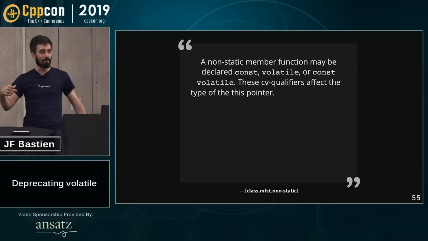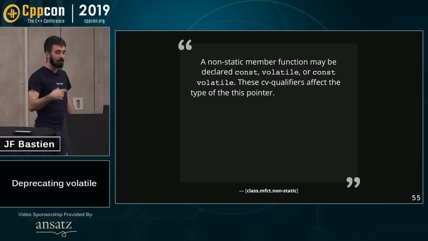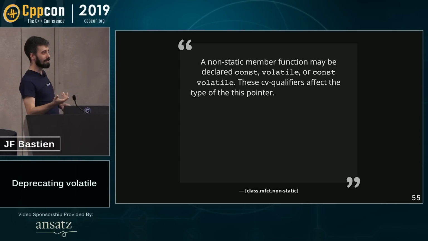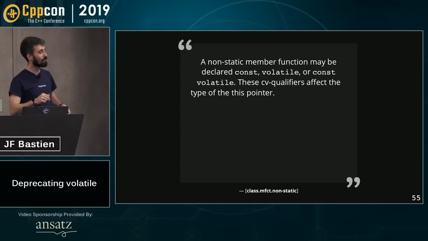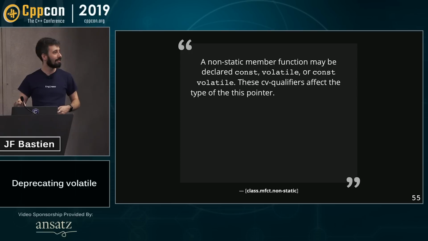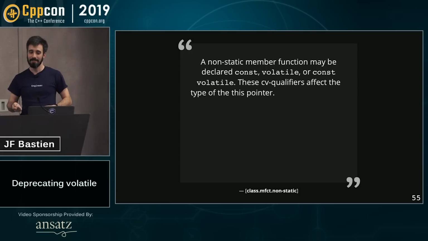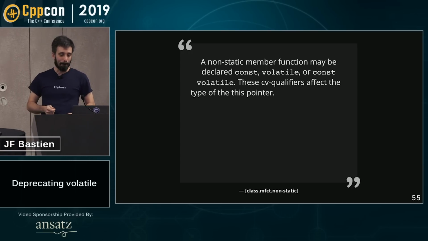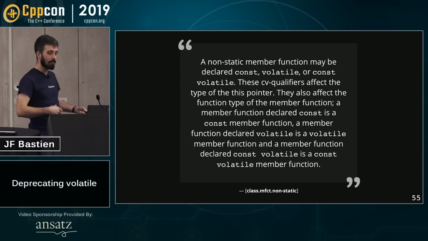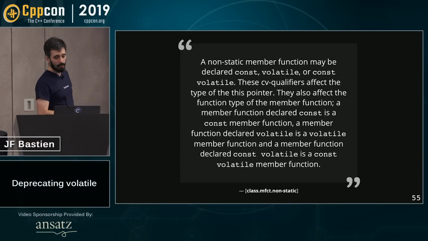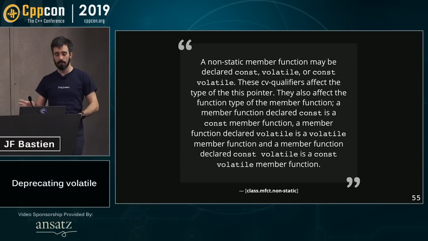Not enough hands. I think everyone's done this, right? If you write C++. Now, if you try to be volatile correct, has anyone tried this before? Instead of const correctness, have volatile correctness? I tried it a while ago and I just gave up. It was ridiculous. So they also affect the function type of member functions and so on. Okay, cool. So you can put volatile everywhere to just be consistent with const.